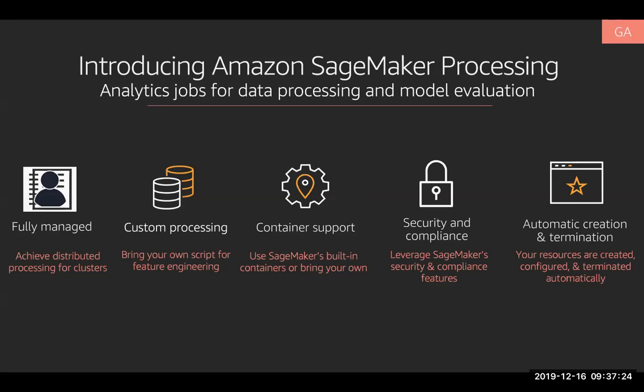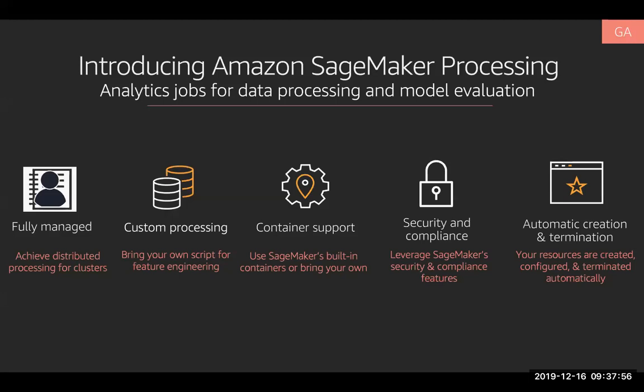So there's a couple of different options here. You can bring your own script for feature engineering, or you can use a couple of built-in mechanisms from SageMaker, built-in containers, etc. And also we will see when I run the Autopilot demo in just a bit, how that is also part of Autopilot to do the data analysis and then also feature engineering and data pre-processing before running the training and tuning jobs all automatically.